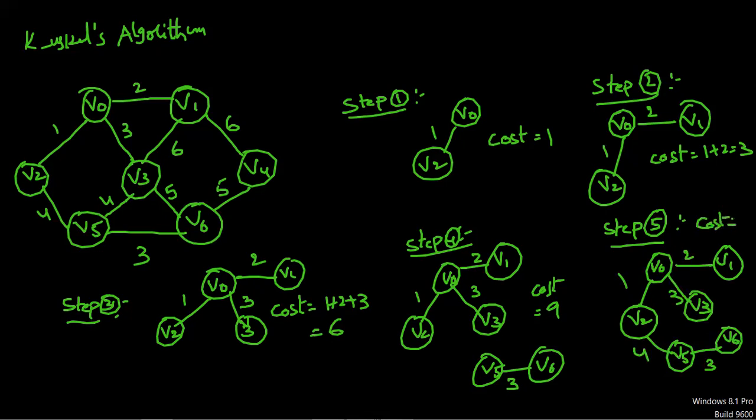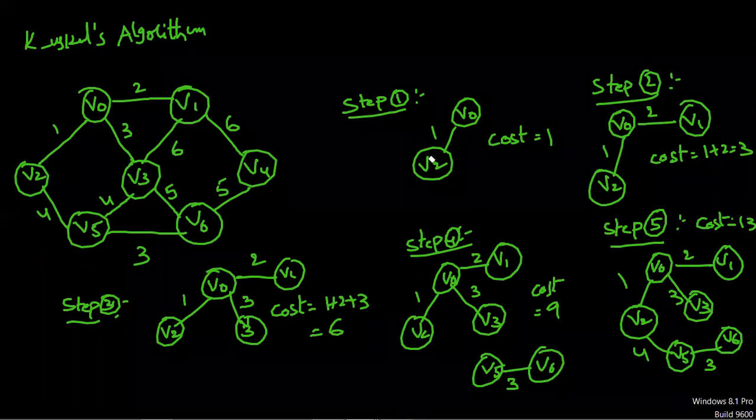The cost is 13. And here we can see that all the edges are not included. One edge more. Next select the shortest weight edge, V3 to V6 or V6 to V5. But if we construct V3 to V6, it generates a loop. So we have to select the V6 to V5 edge.